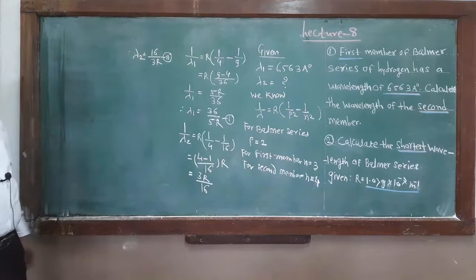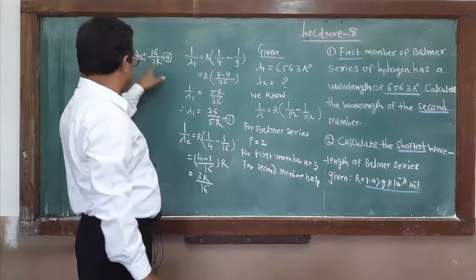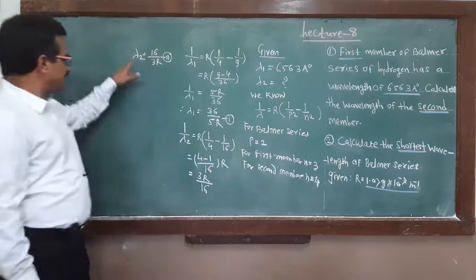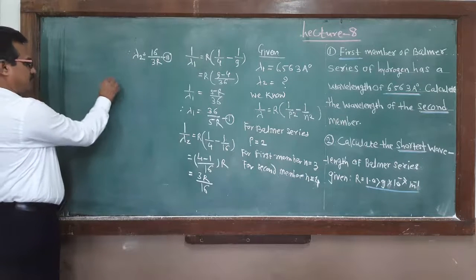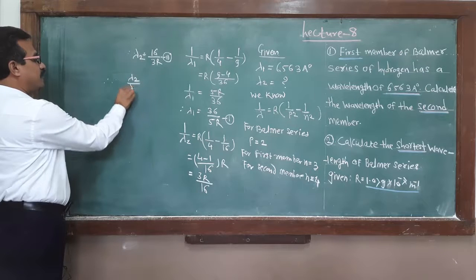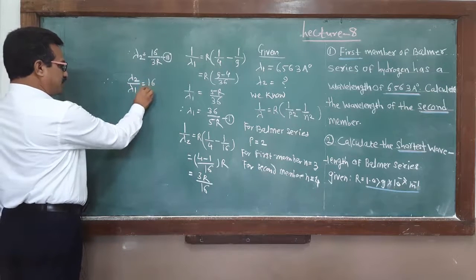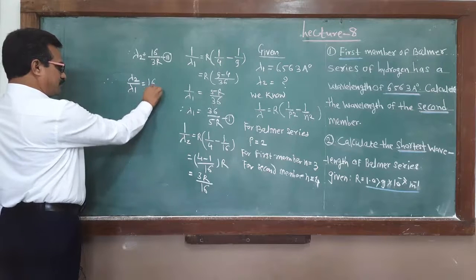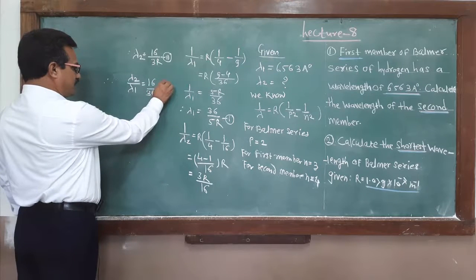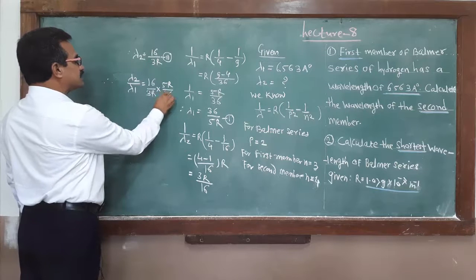We get this equation. For first member, wavelength is equal to this. For second member, wavelength is equal to this. And we want to find the wavelength lambda 2, means divide equation second by first. Therefore, lambda 2 divided by lambda 1 is equal to 16 divided by 3R multiplied by 5R divided by 36.